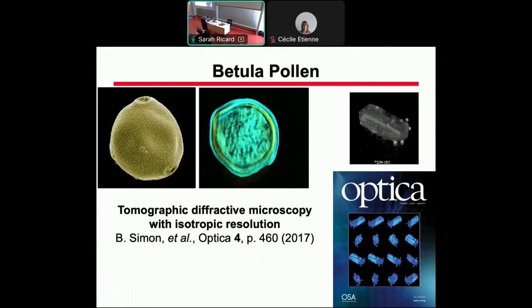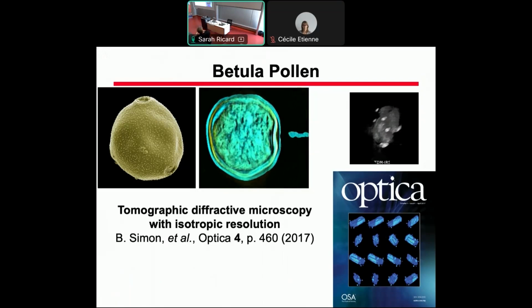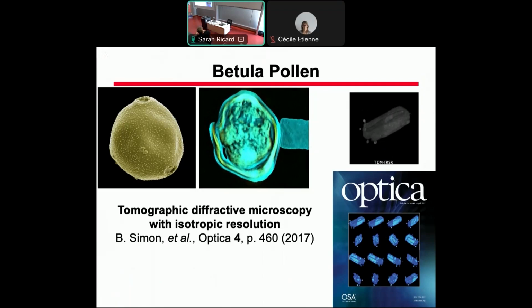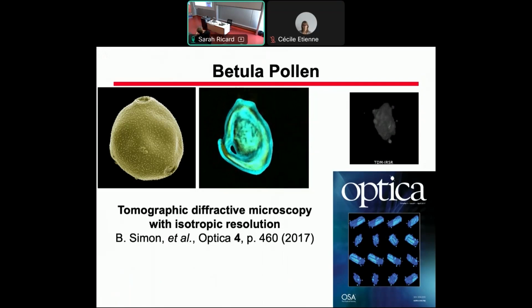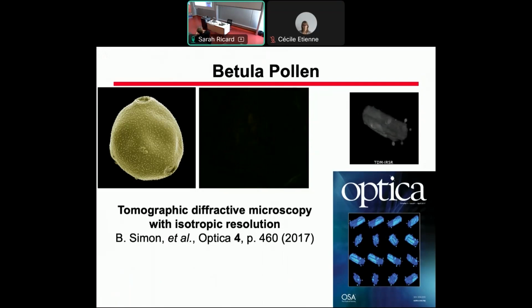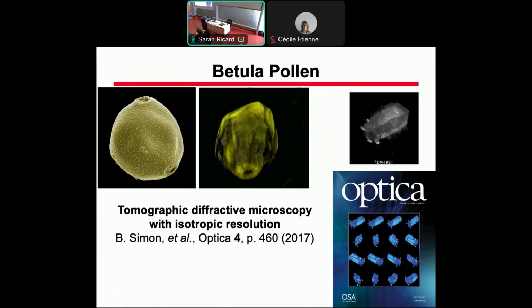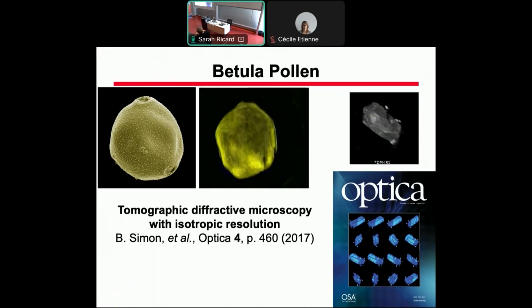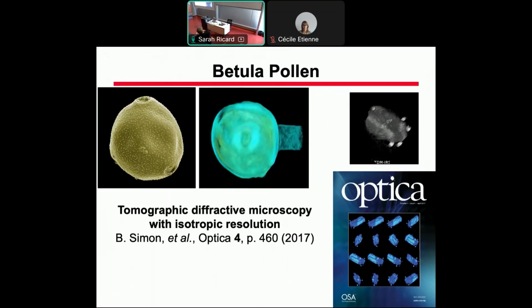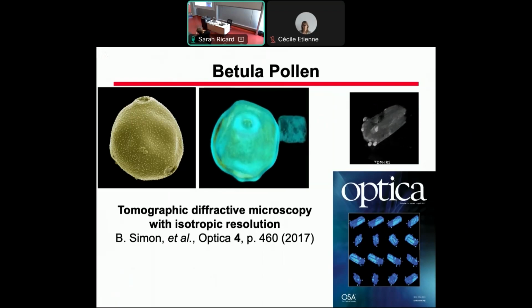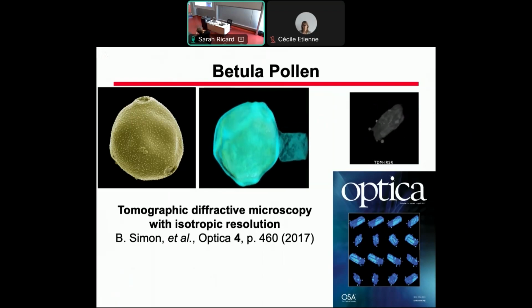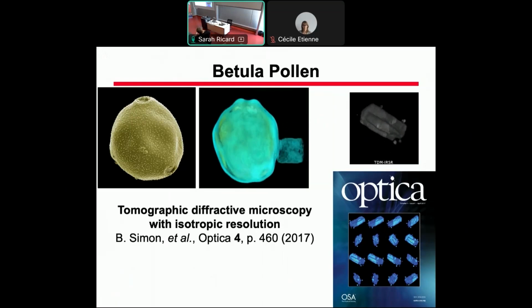So you see it in blue, but you don't see it in yellow, which is the absorption, because this is 100% transparent. And if you look carefully, you see that this in yellow is slightly smaller than the blue.